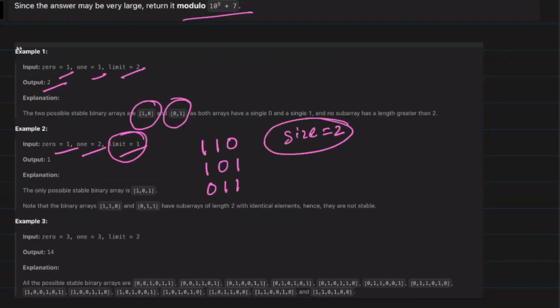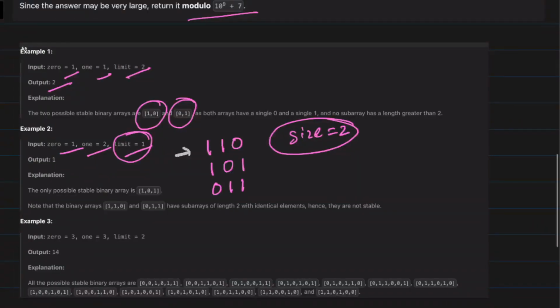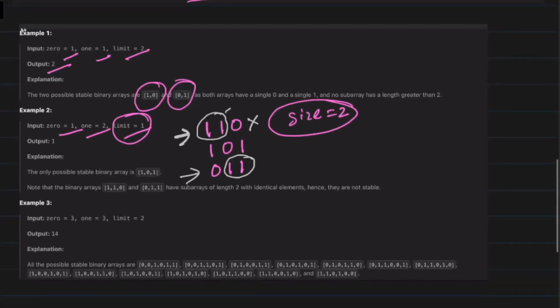So let's go through the first one. If you see here, we don't have any 0, so this is not valid. For the last one, in this subarray, we don't have any 0, so this is also not a valid solution.